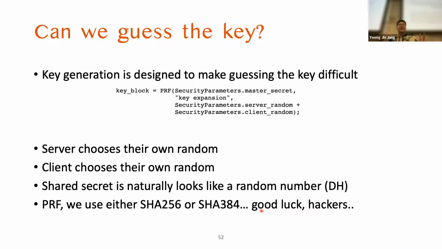Then the question is, can that middleman guess the key by looking at the publicly available unencrypted traffic? The guessing is very hard because the master secret is shared securely via ECDHE, so the attackers will never know it. And the man in the middle is also killed by the digital signature verification.